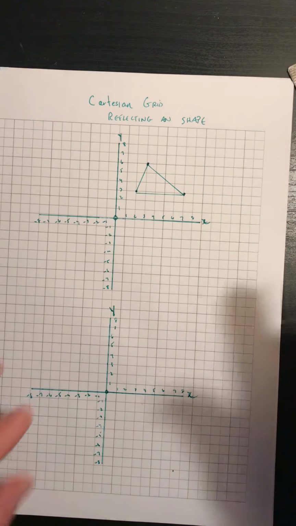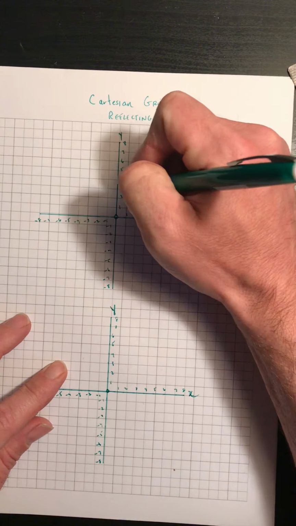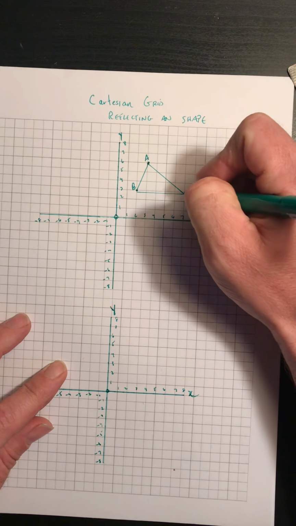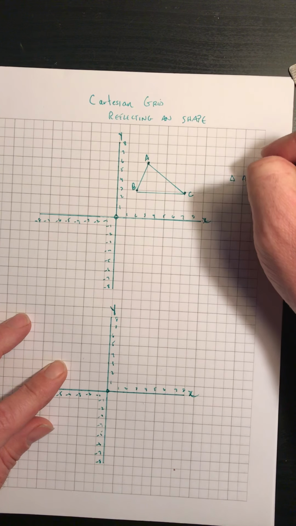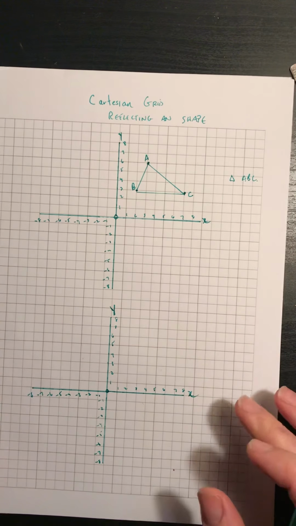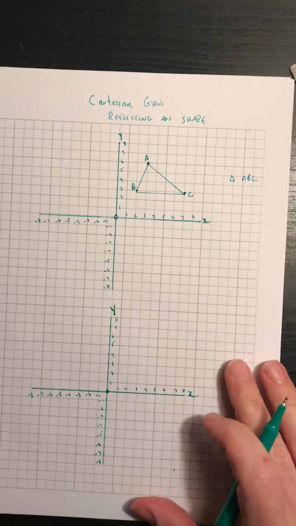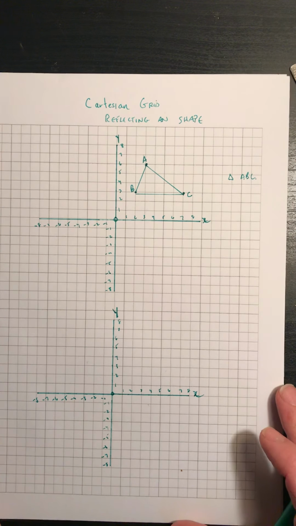Okay, so we got a triangle. Let's go A, B, C, and on the side here, triangle A, B, C. I'm not going to put in the coordinates. We just want to get doing the reflection part of it.